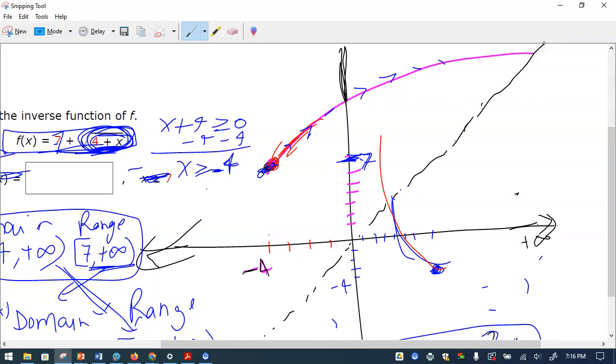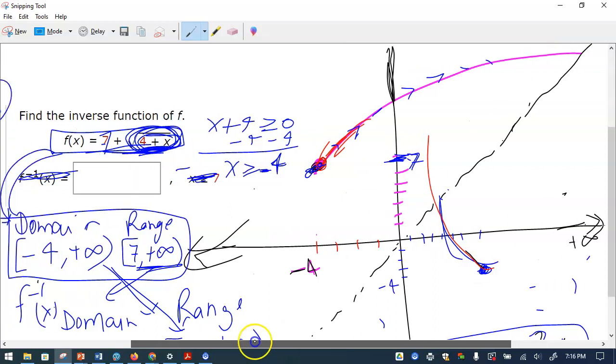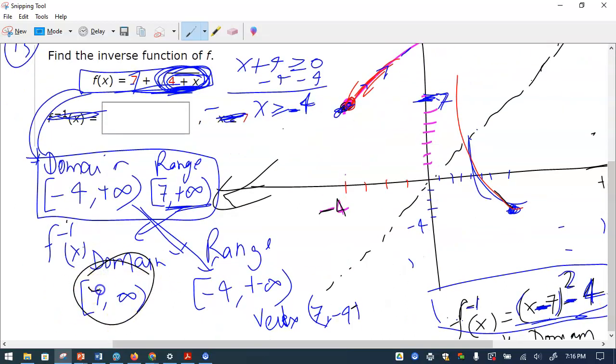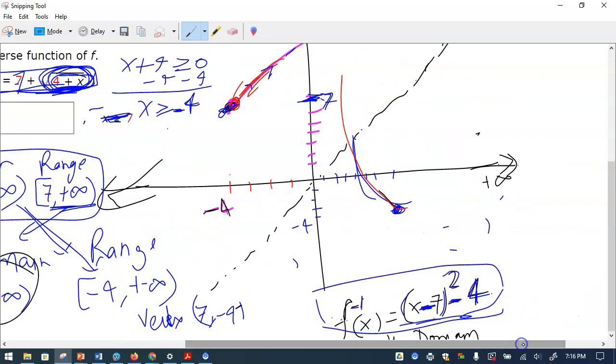Naturally I can't take both sides, because the domain of the inverse function, if you look at the bottom, starts from 7. So you can't take anything to the left of 7. It has to be only from the right side. So the graph is going to be from this side, and not this part.